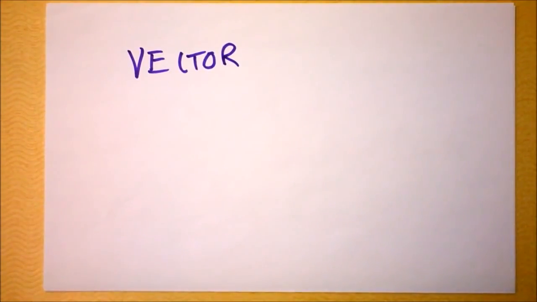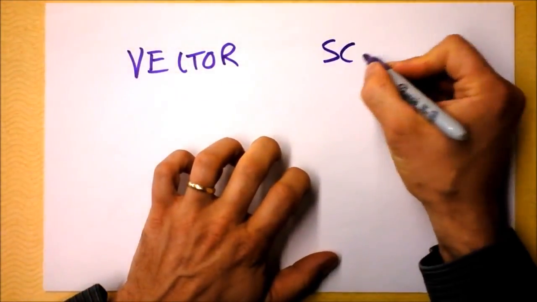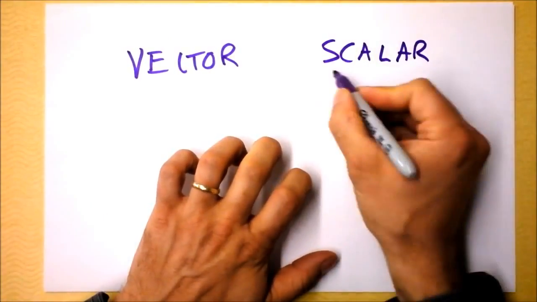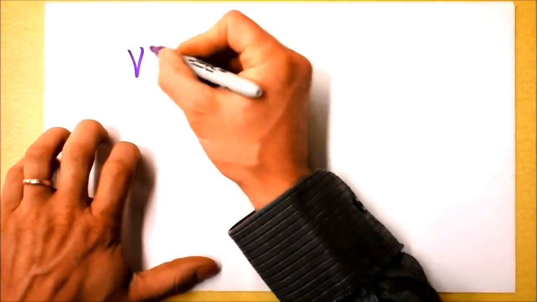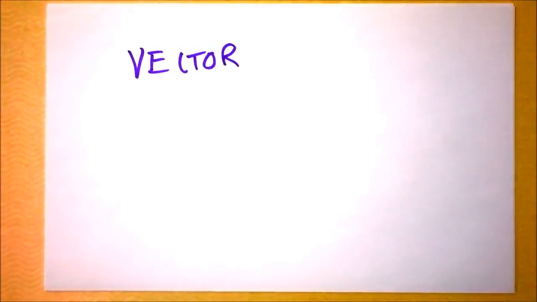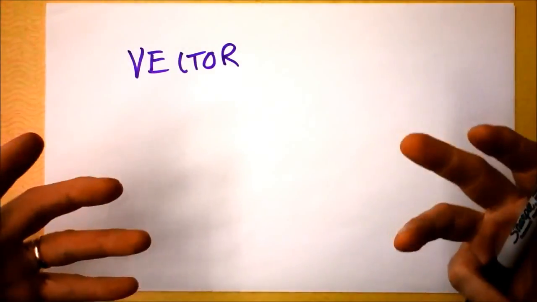So this vector quantity has direction and magnitude, as opposed to a scalar. This truck right here, we could represent its velocity as a vector. And a vector is a quantity or an entity or a thing that exists.